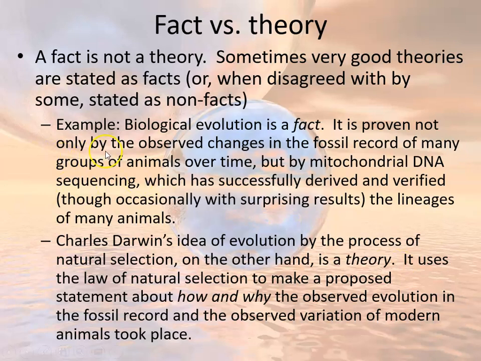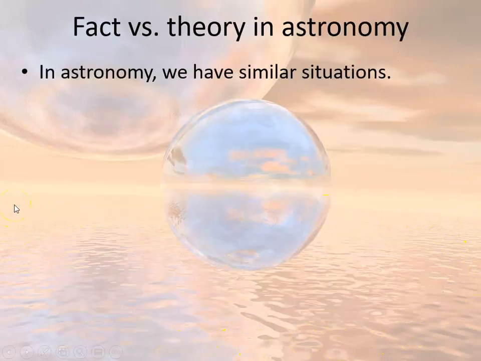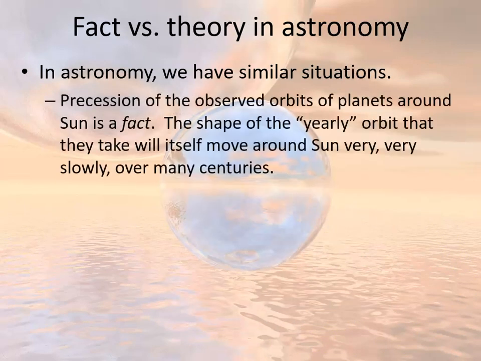Discovering that evolution occurs is a fact. It's like, yeah, that was important, it was good. But explaining why it occurs, that was what we really remember. That is what put Charles Darwin as a household name. In astronomy, we have similar situations.